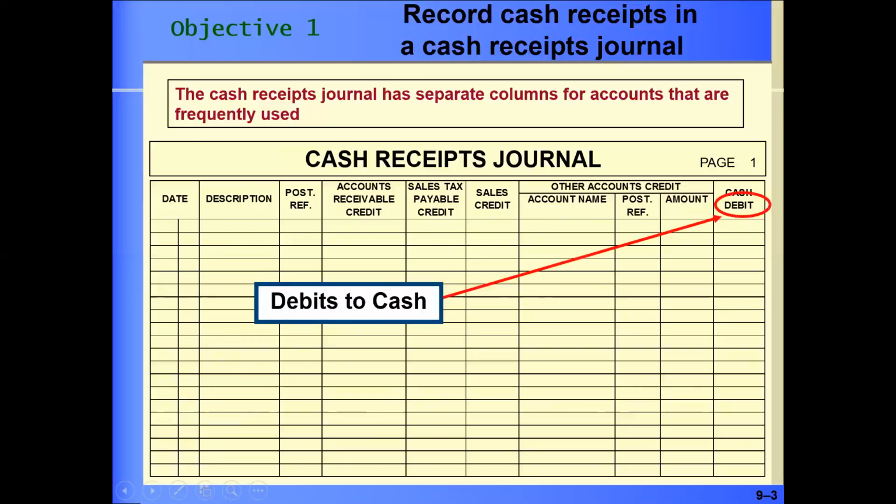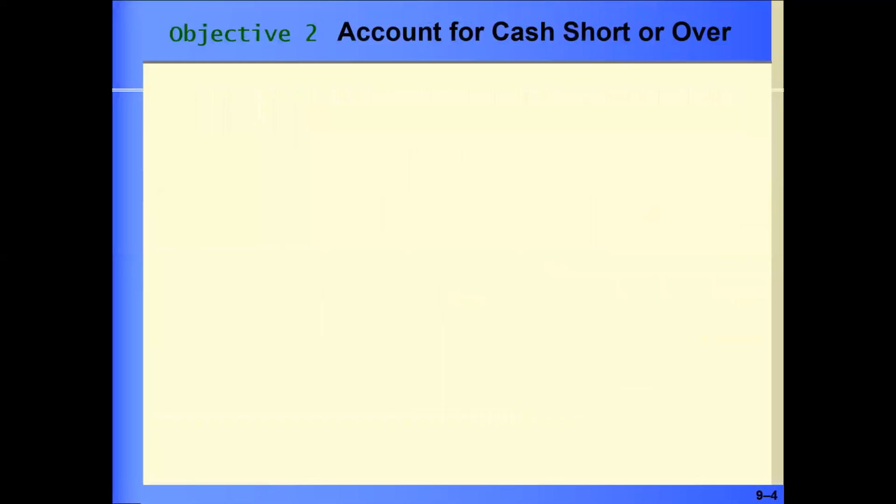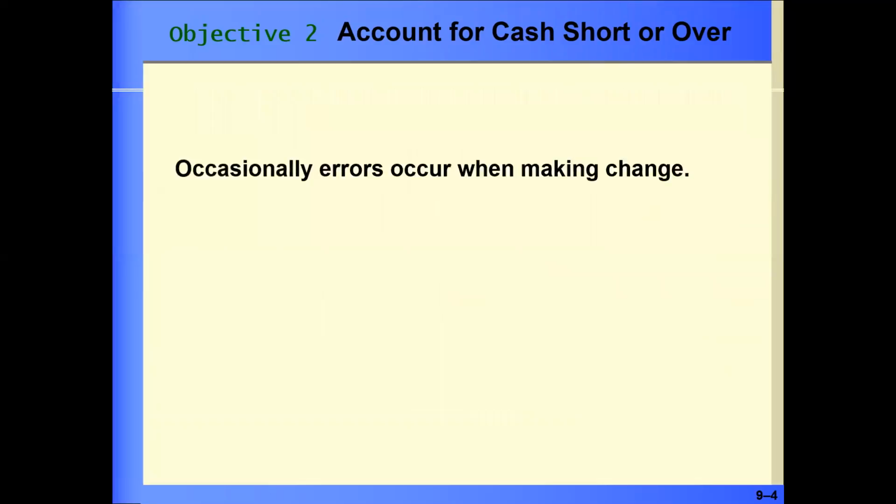So you debit cash. Now, you probably never have this, which is probably good, but in the register, occasionally errors are made when making change to your customers.